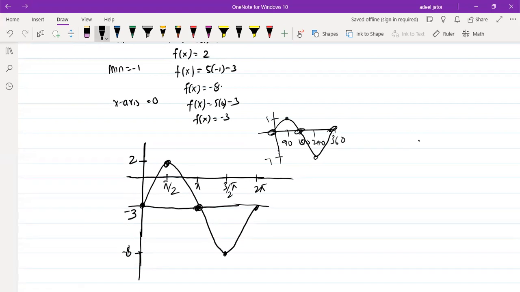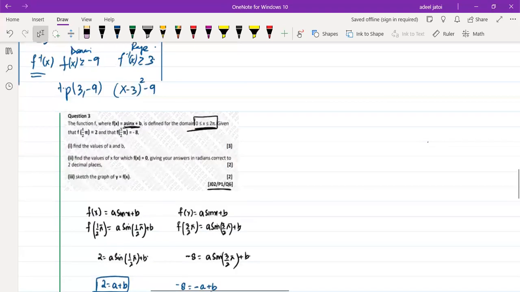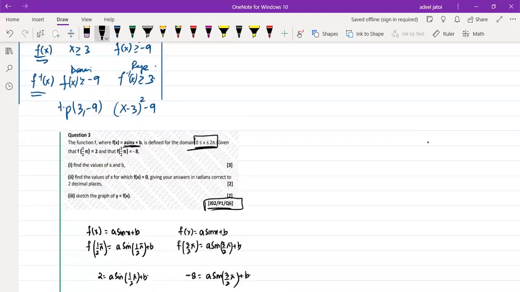Here the axis has eventually changed to minus 3. This question was from June 2002, paper 1, question number 6.